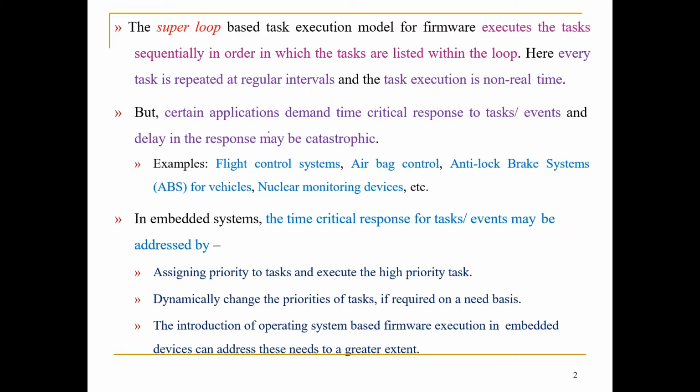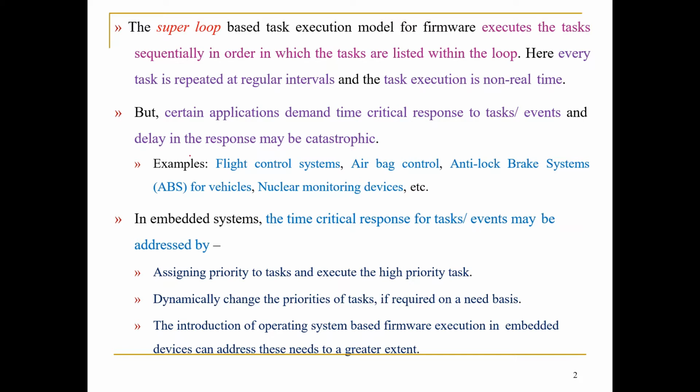But there are some tasks in real-time embedded systems which say that I want this task to get executed within this amount of time. That is what is meant by critical response. If the task is not done within this amount of time, then it might prove dangerous or very critical.